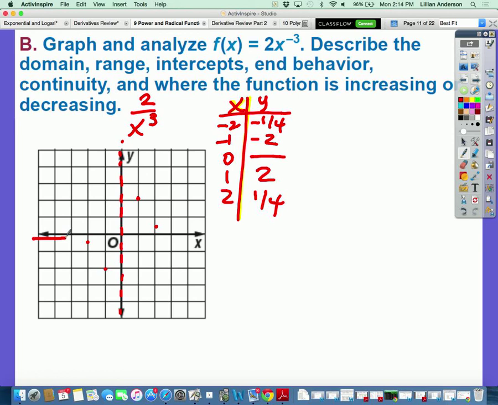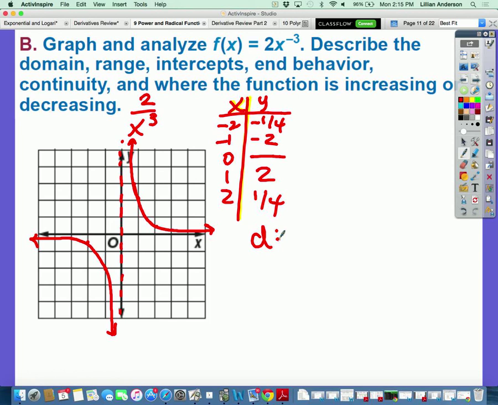A reciprocal function. Because if you think about it, doesn't a reciprocal function have an odd power in the denominator? So yes, all of your negative odd powers are going to look like your reciprocal functions, okay? So that means the domain and the range are all going to be the same as your reciprocal function, okay?